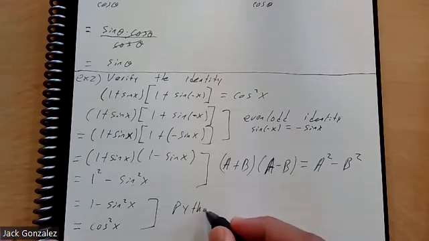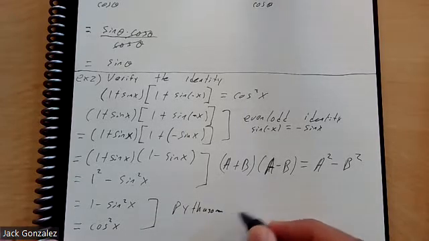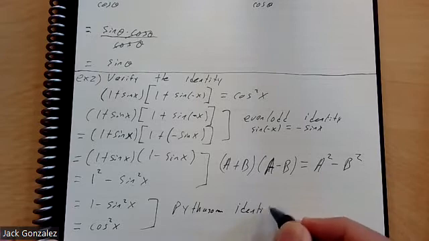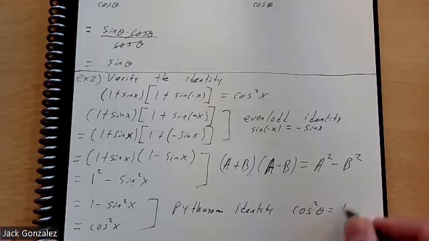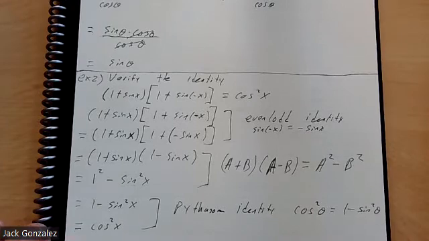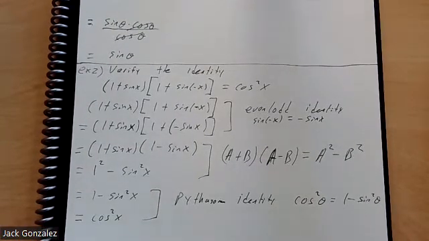Pythagorean identity: cosine squared theta is equal to 1 minus sine squared. Do you see the thought process? Right, every single change has something backing it up. Okay. So we're basically forming like an argument.